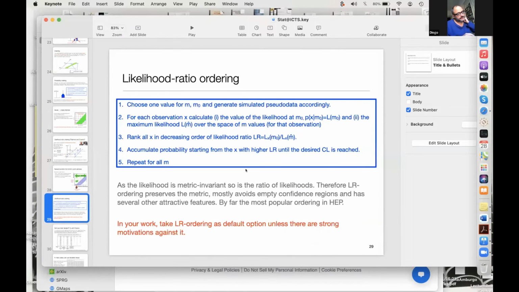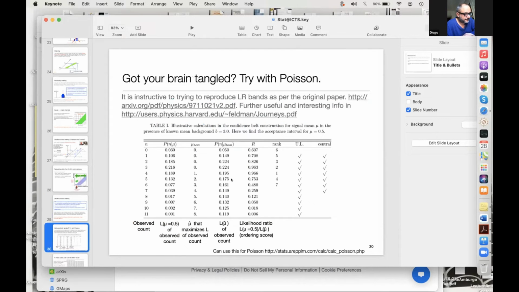So this is a slide that tries to give an operational algorithm on how to construct a confidence level result using the Feldman-Cousins. I'm not going to go through that. I really suggest you look at the original paper by Feldman and Cousins. It's not very difficult, and especially in table 1, they actually work step by step the construction using a Poisson example.